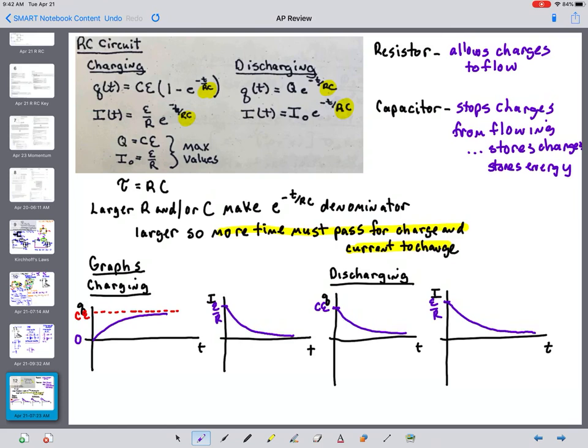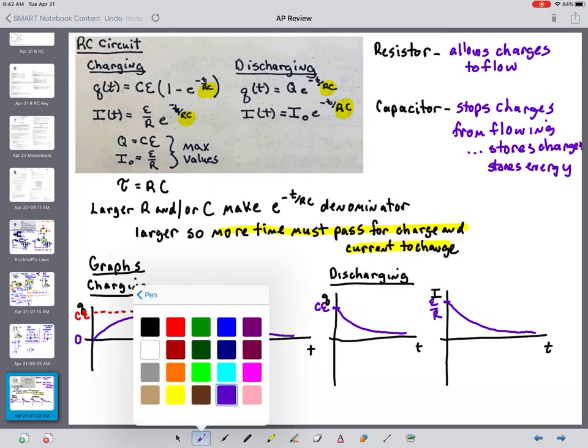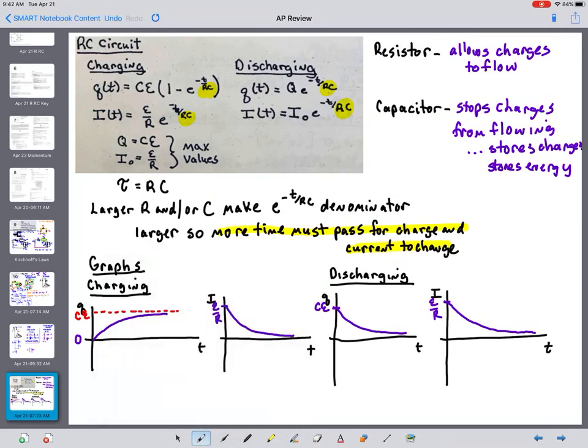Now, the difference that different time constants make, I'm going to smash another graph in here, and I'm just going to go for one of these, because the implications will be the same for the other.